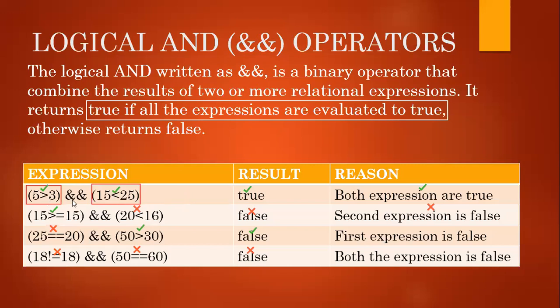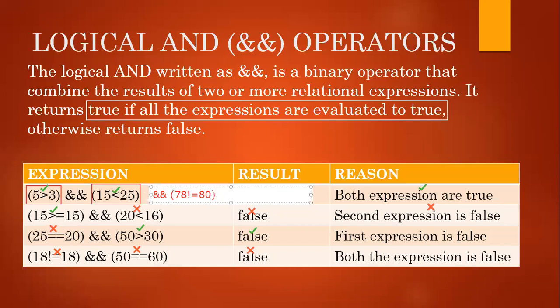Like 5 is greater than 3 and 15 is less than or equal to 25 and I can write one more condition here. And here I can say 78 is not equal to 80. Now what you will find? You will find the first condition is true, the second is also true, and even the third is true. 78 is not equal to 80.